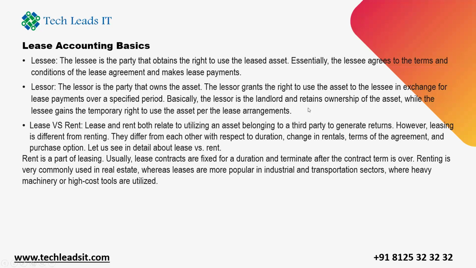That means if I am the owner of the asset, temporarily I am transferring the right of usage to a lessee who is going to use that machine or equipment, and upon completion of the agreement, the ownership will come back to me.